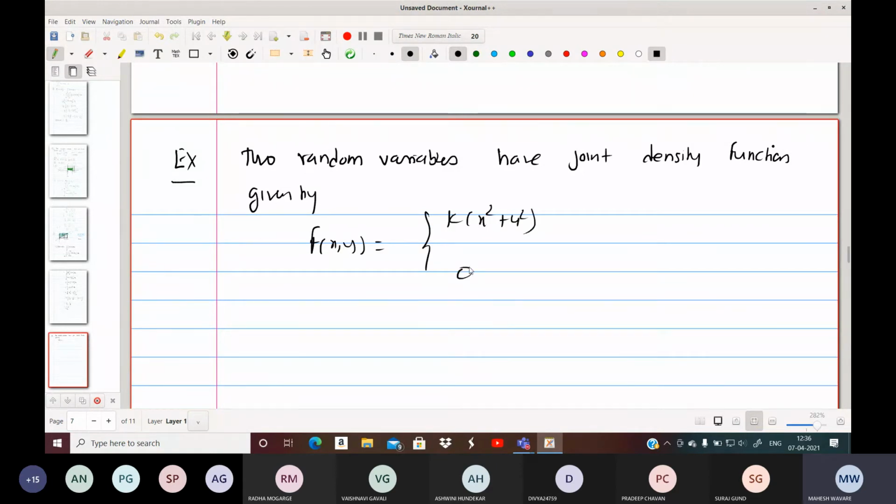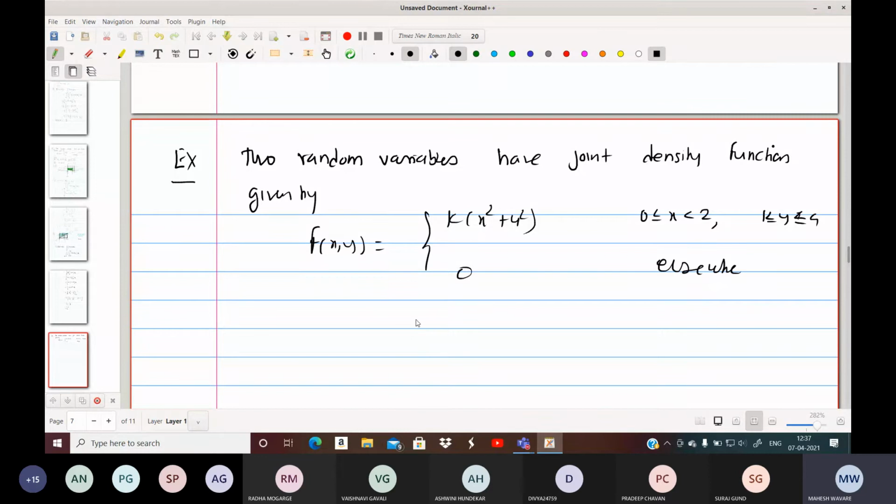Definitely you need to calculate the constant k. The limits of x are 0 to 2 and the limits of y are 1 to 4, and elsewhere in the plane, only between this rectangle, the function has this value.